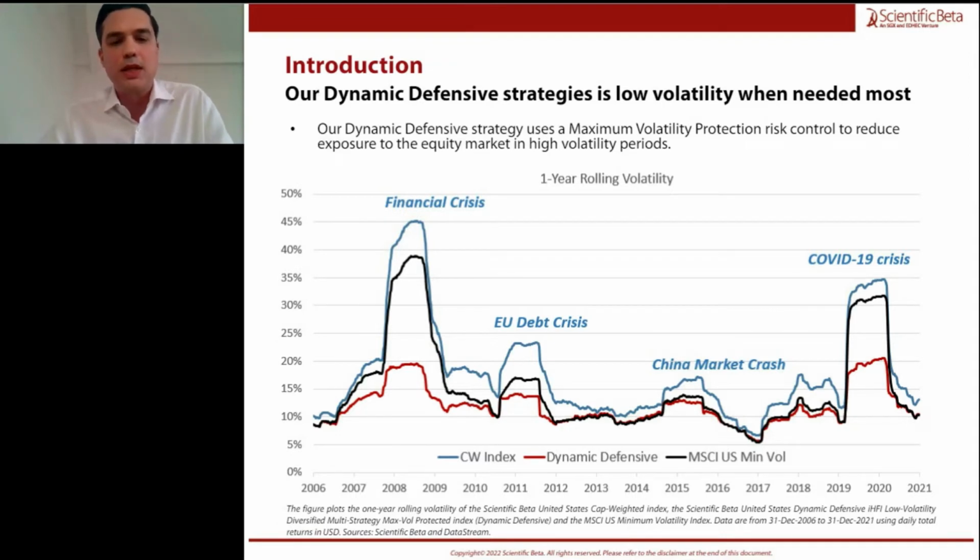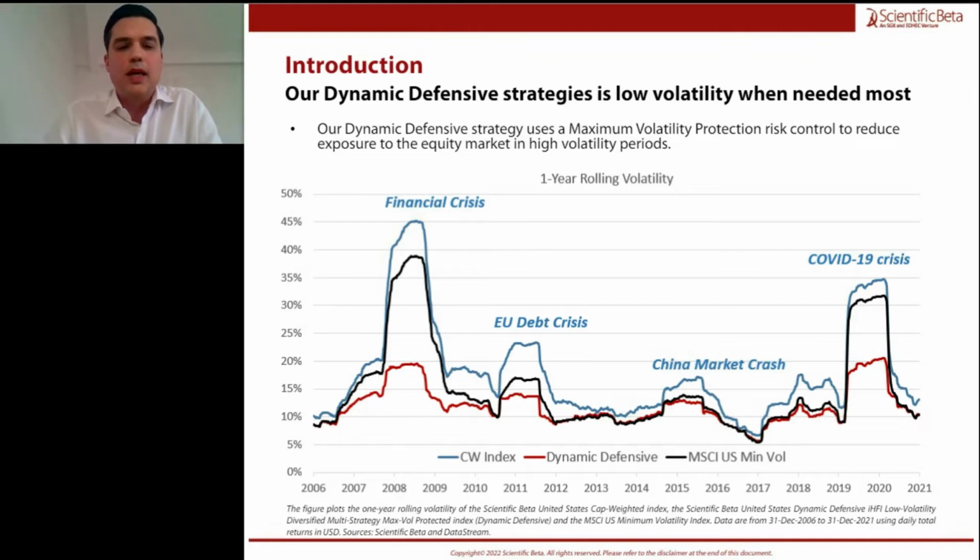And as you can see here in the graph, the red line is depicting the rolling volatility of our dynamic defensive equity product versus the traditional min-vol portfolio and the traditional cap-weighted benchmark.